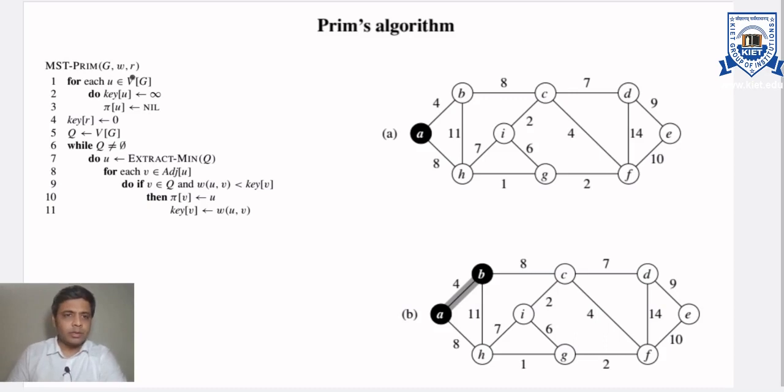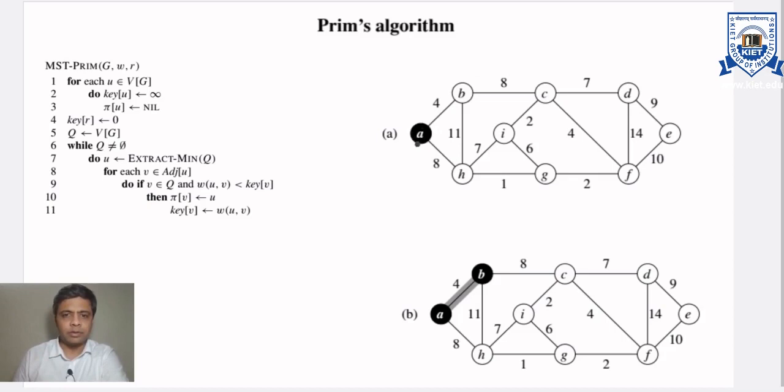An initial source is required from which we could start. Technically we could start from any point, but the convention says that if the labels of the nodes are A, B, C, D, then start with A. So in this example we start with A.